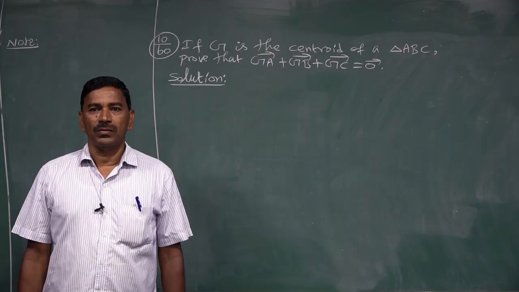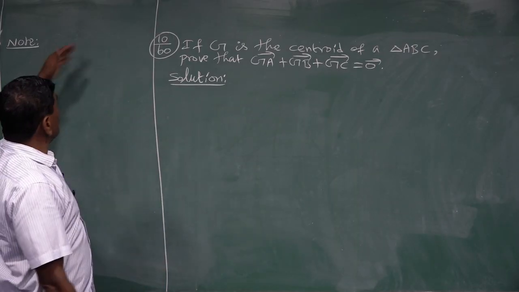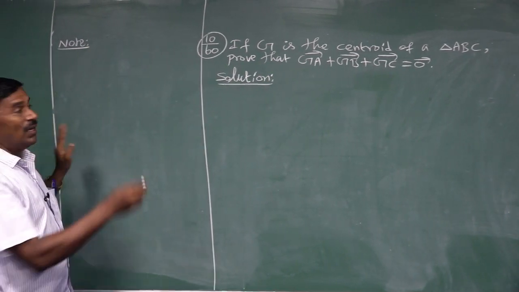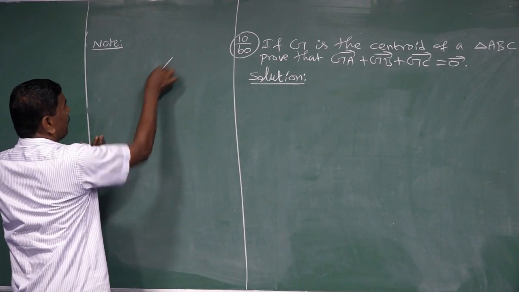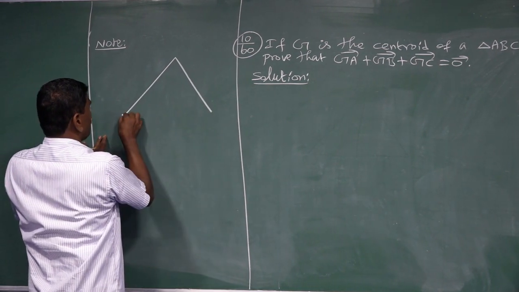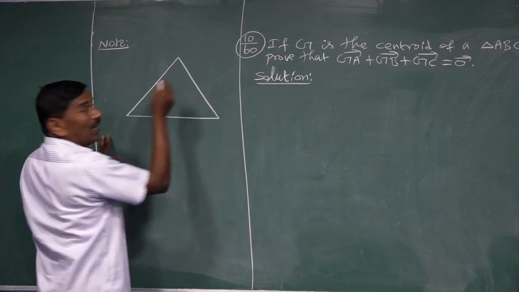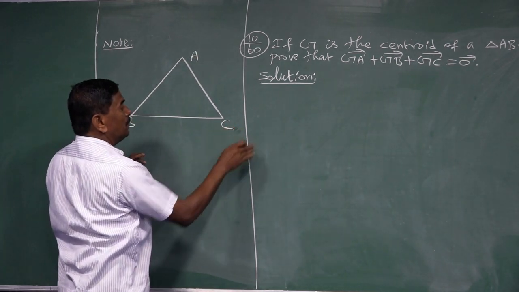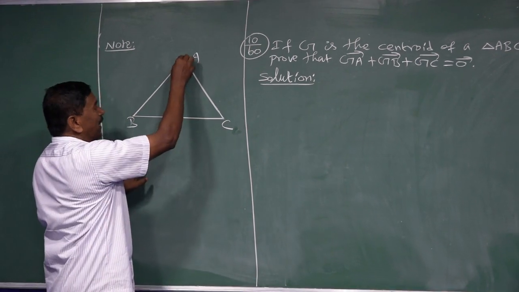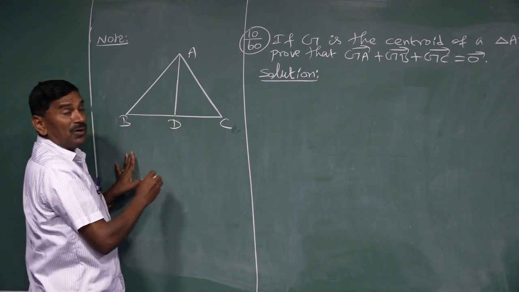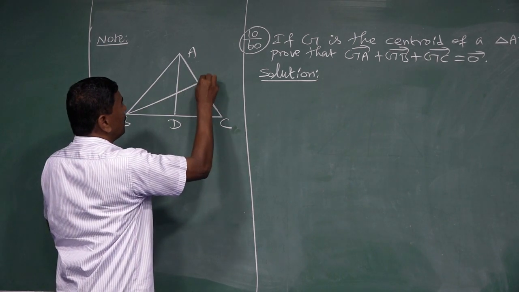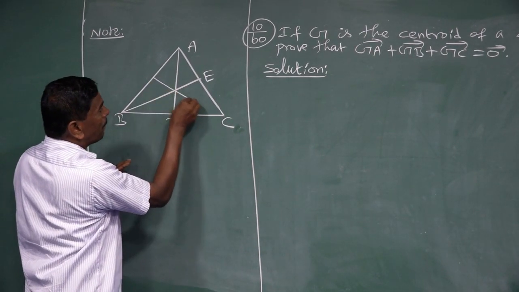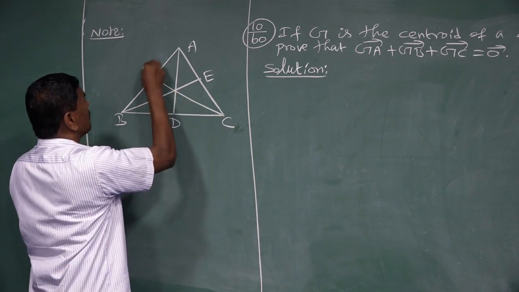Hence proved. Children, listen. Now, to learn the next question, we need a note. Listen, note. In triangle ABC, AD, BE, CF are the medians.